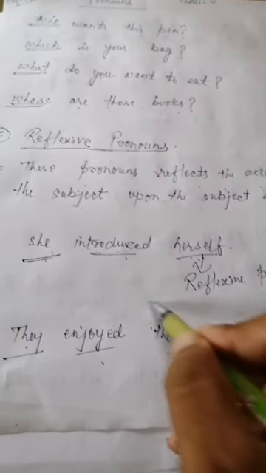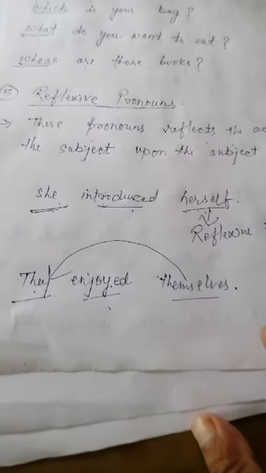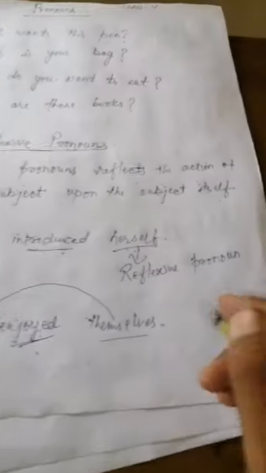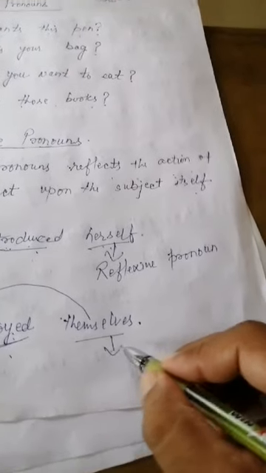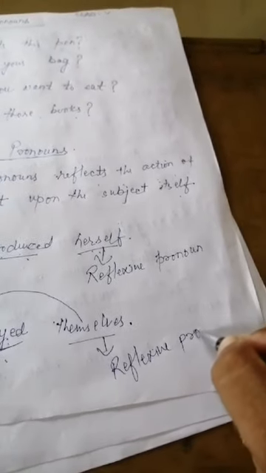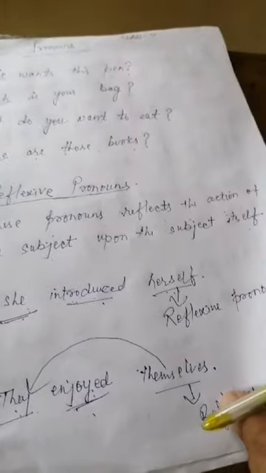They enjoyed themselves, they enjoyed on their own. So the effect of this action is on themselves. So themselves is also your reflexive pronoun. So there are some more words which are your reflexive pronoun.